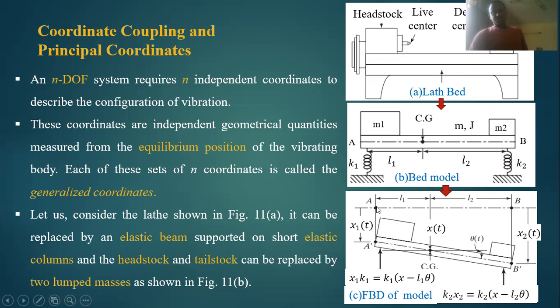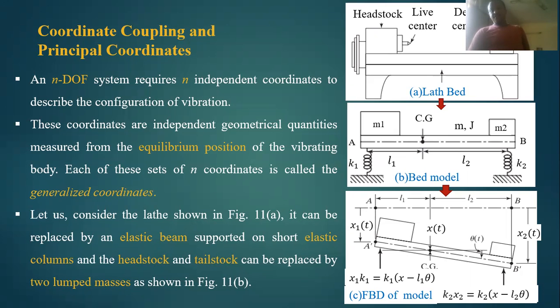The distance from A to A prime is taken as x1 of t, and B to B prime is x2 of t. And the central point where the center of gravity, the CG, lies is represented with x of t.